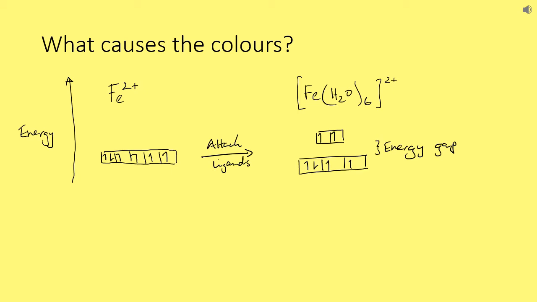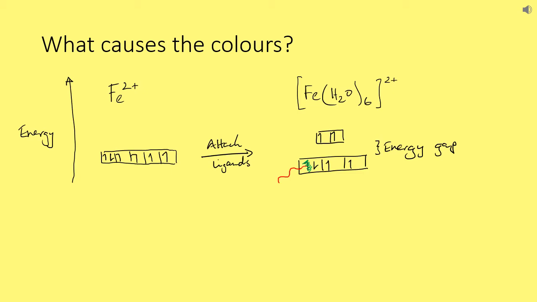Then we can consider a photon of light. Let's give ourselves a red photon, a red energy photon. I'm going to draw a photon of light like so, and it comes in and hits this electron, and it gives its energy to that electron. Then I'm going to cross it out in green.